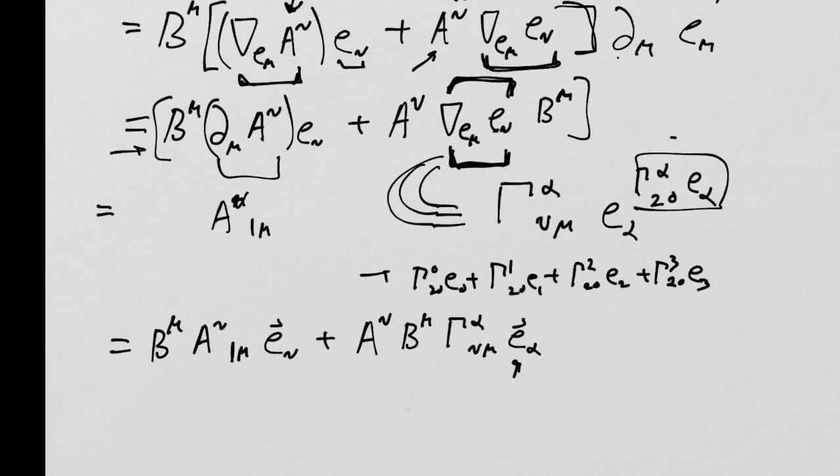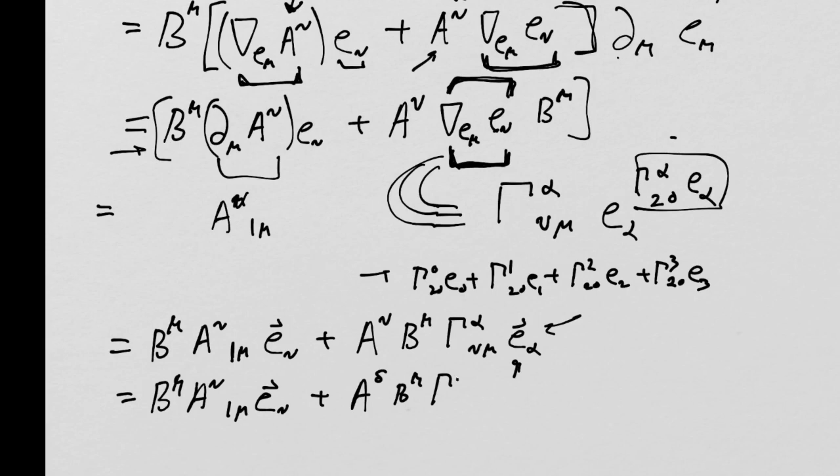So I need to change the alphas to nus, and in this expression here, I want to change the alphas to nus and the nus to some other number. So I'm going to do that. I'm going to go B mu A alpha mu E nu plus A delta B mu gamma nu, and I changed nu to delta, so this is a delta, and this is a mu, and this is an E nu, right? So all I've done is change dummy indices.